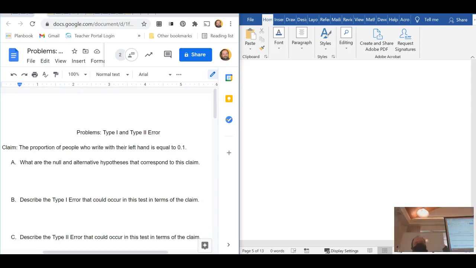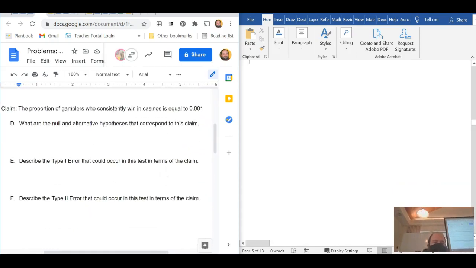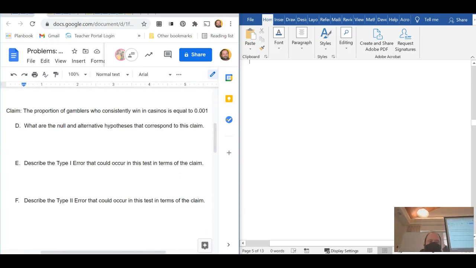Okay, so let's take a look at where this is and try to make sense of it. So the third claim is the proportion of gamblers who consistently win in casinos is really, really tiny. So it's that 1 in 1,000. So H null is that the proportion, p, is equal to 0.001.